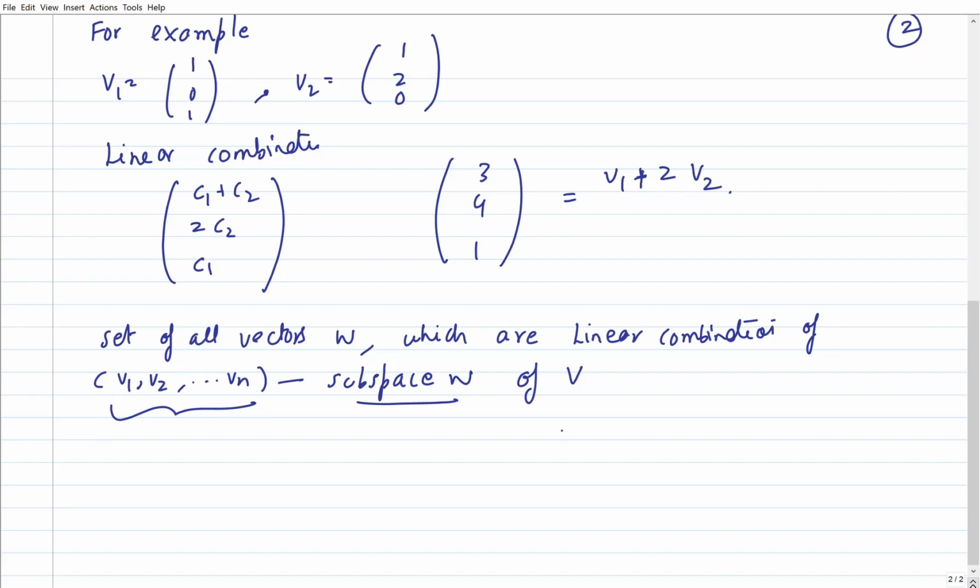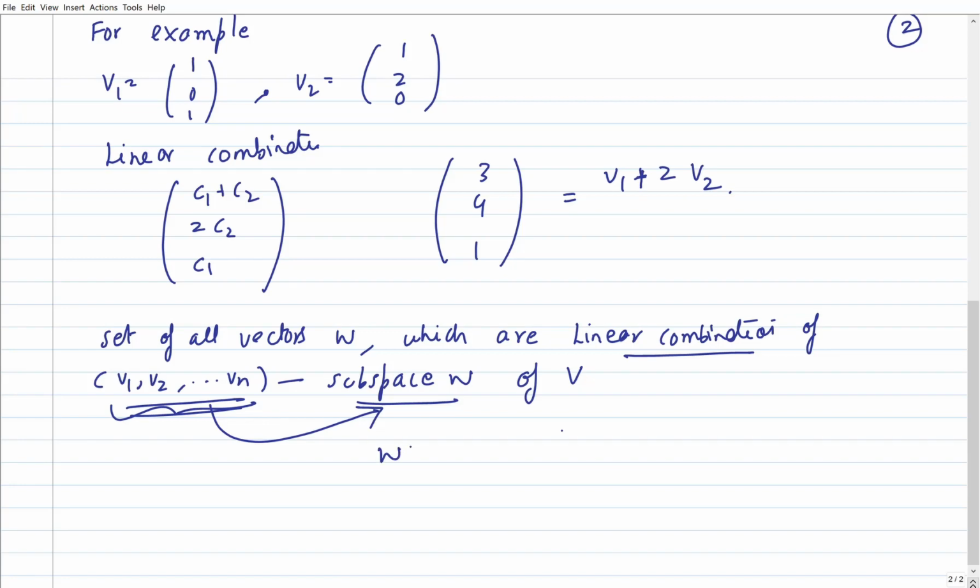Now how do we show that this indeed is a subspace? All the linear combinations of the set will actually be a subspace W of V. How do we show?